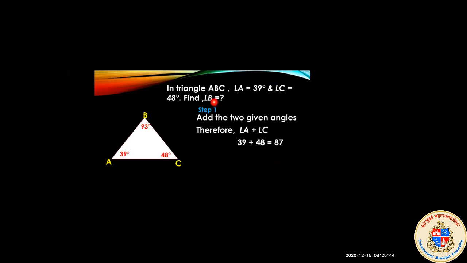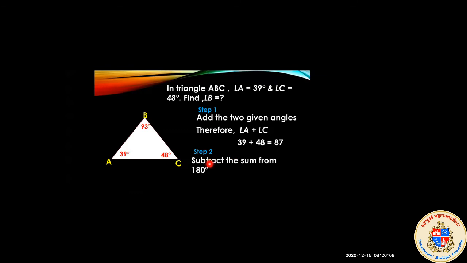Now we have to find out angle B. For that, step 2: subtract the sum from 180 degree. We first add angle A plus angle C, and then from 180 degree we subtract that answer.